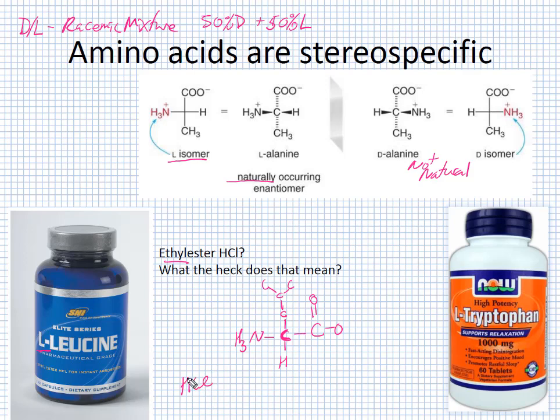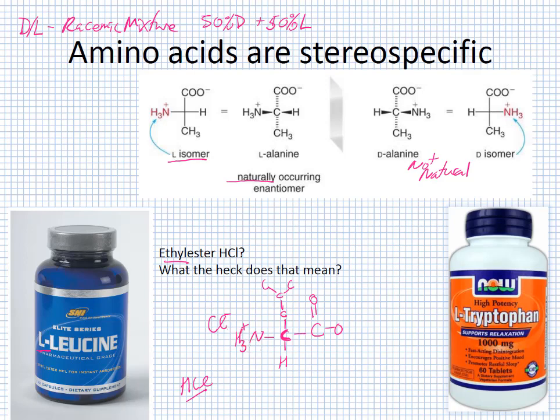So the HCl, the hydrogen goes to the amino group here. Acid reacts with the base. This becomes positively charged. And then we have chloride as the counter ion. So when they say HCl, that's what they're talking about here. So it's a chloride salt of this. We have an ionic bond between the chloride and the ammonium here.